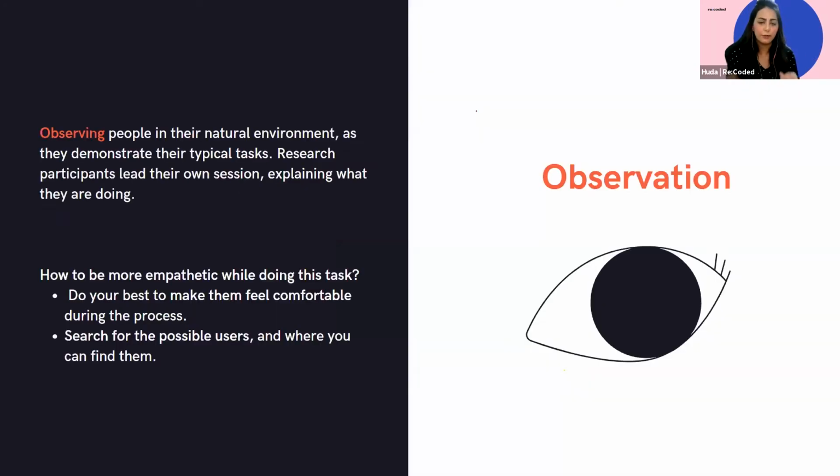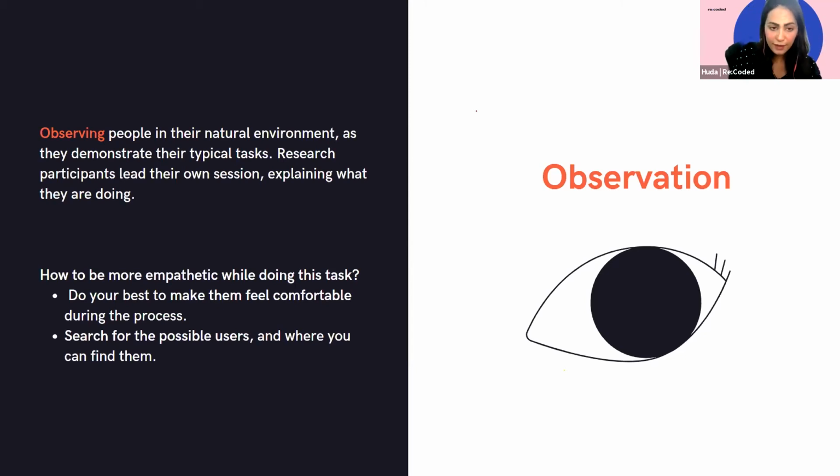Let's start with observation. A lot of designers think observation is the last thing we do, when you build your app or your product. But observation is a great thing to do in user research. It's a cool way to understand a little about our users. We ask our users or potential users to do a normal task and observe how they do it.